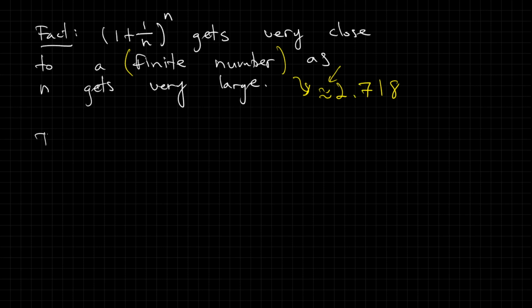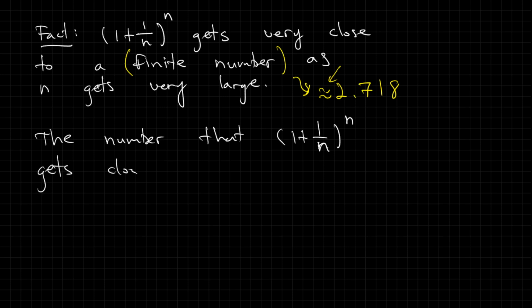So the number that 1 plus 1 over n to the n power gets close to as n gets large is called e.